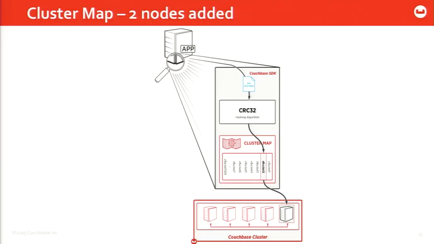But more interestingly, if you add more nodes to the server, and you have 5 nodes instead of 3, then the cluster map is automatically updated in a couple of different ways. And the client SDK will now know that the data you are looking for lives on a new node, which is server 5, and will go and directly access data from server 5.